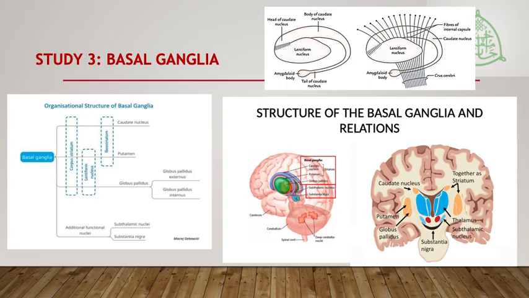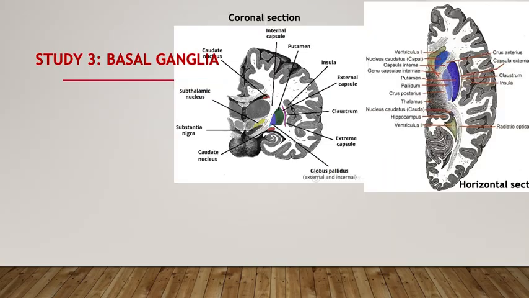You can see the thalamus in blue, and below the thalamus you have the red nucleus, then the subthalamic nuclei, and below the subthalamic nuclei you see a dark or black coloration, that is the substantia nigra. So this is how you'll be able to identify the structures. This is the coronal section of the brain.